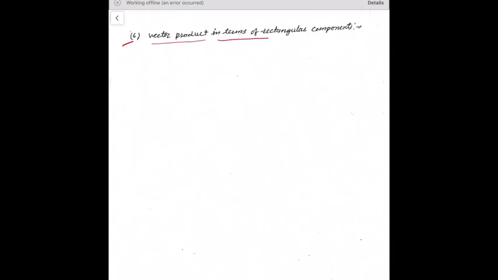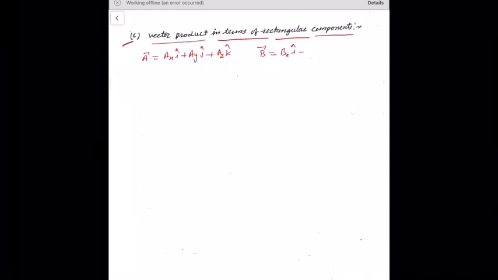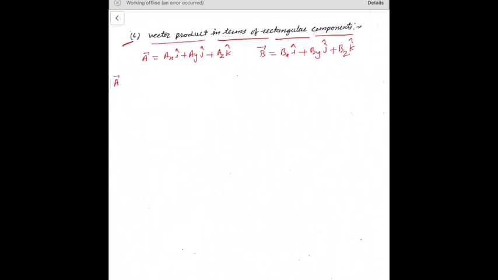Next, 6. Vector product in terms of rectangular components. Let A vector be equal to ax i cap plus ay j cap plus az k cap, and B vector be equal to bx i cap plus by j cap plus bz k cap.